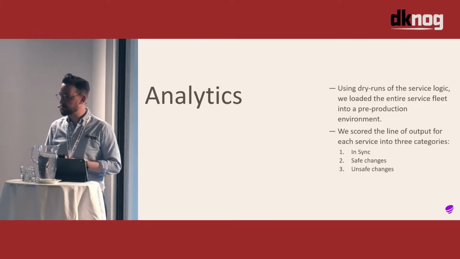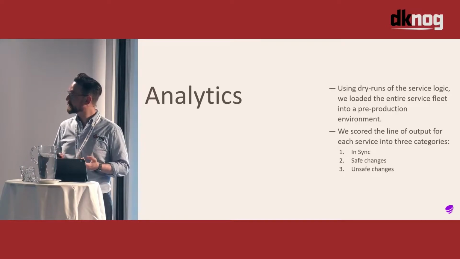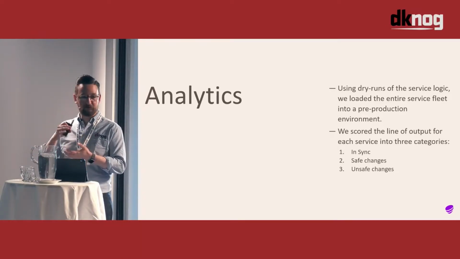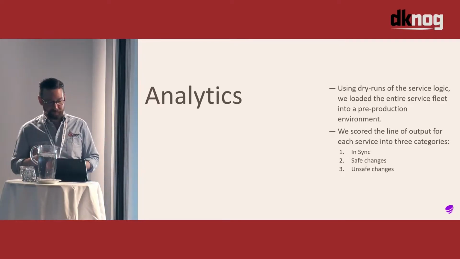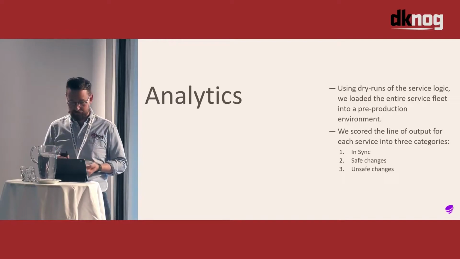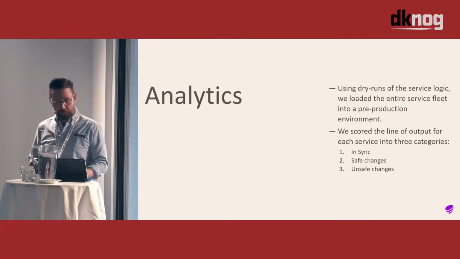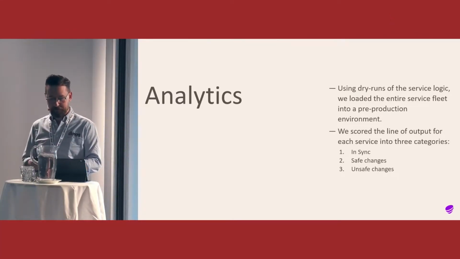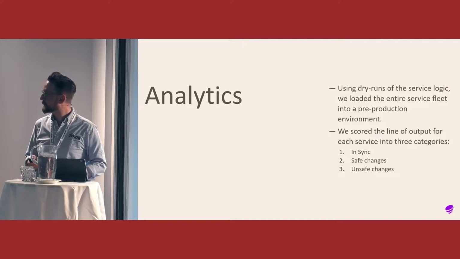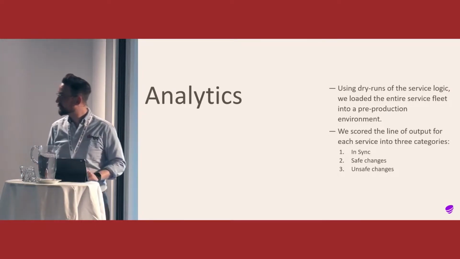I know other automation software systems have that functionality as well. You basically just apply your configuration. You get a list of changes that this has caused, and you analyze that. So we basically wrote some software that went through these and categorized them into 3 kinds of categories: in sync, safe changes, and unsafe changes.